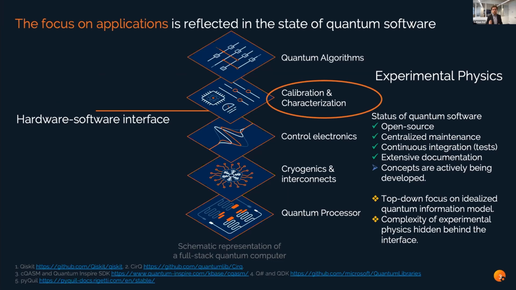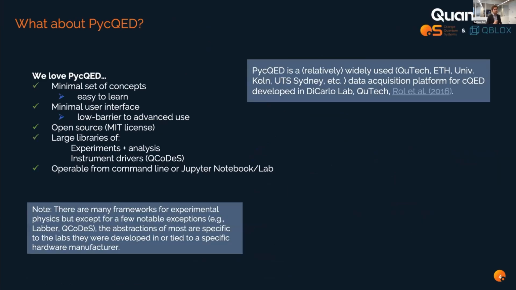Now, what about PycQED? This audience might not be as familiar with it, but PycQED is a typical example of academic software. This is something that we developed in Delft several years ago, and it's pretty great. It has few concepts. There's a minimal user interface, meaning that contrary to LabView solutions, it's a command line and code-based interface, which has some advantages if you want to go towards automation.